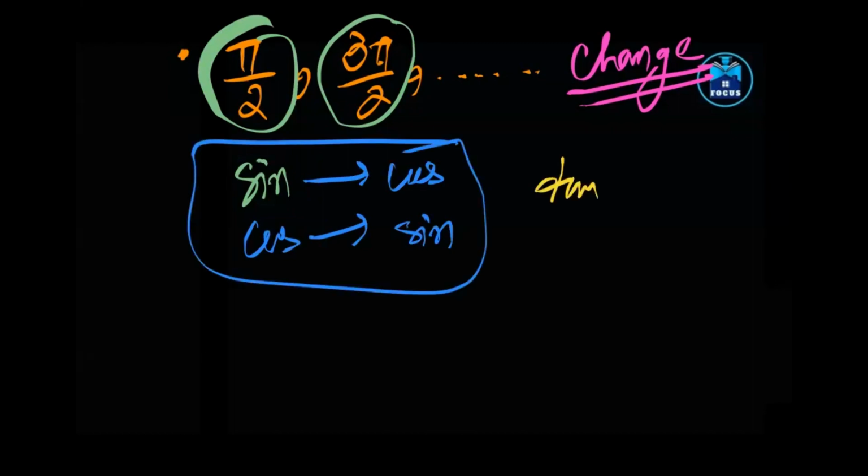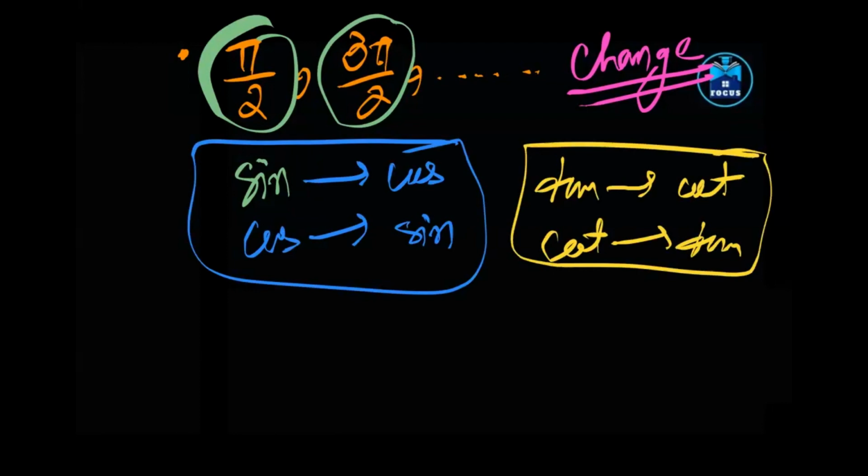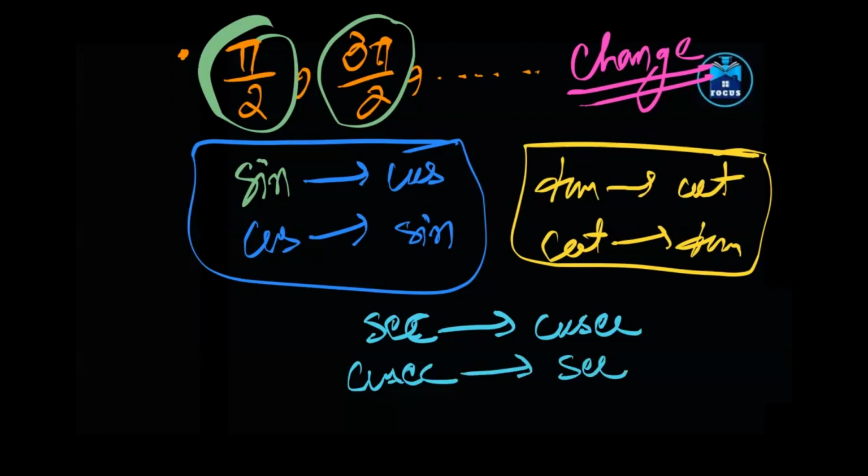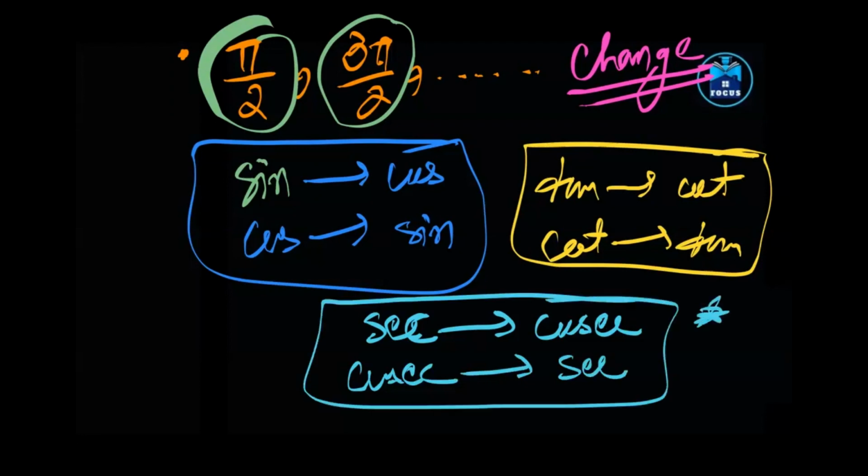Tan will change to cot. Cot will change to tan. Can you remember this? Yes. Sec will change to cosec. Cosec will change to sec. Can you remember this? Yes. Very good. This is one type of thing.